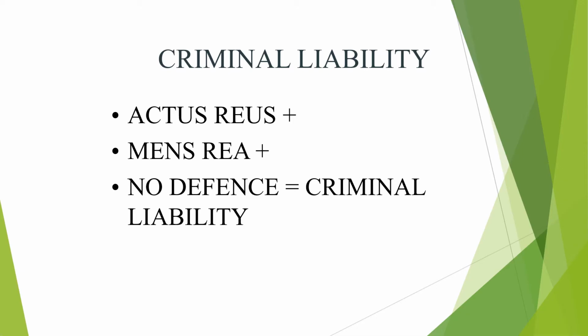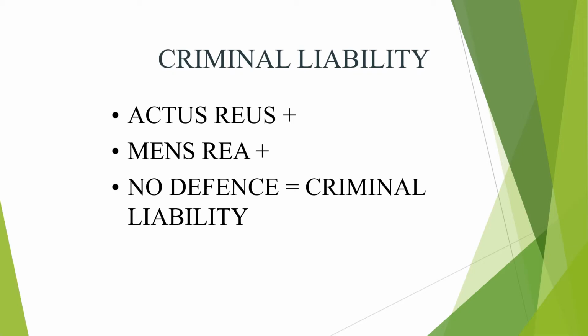So, in order to found criminal liability for any offence at all, and so for murder as well, we need to find three things. We need to find that the accused has completed the actus reus, and this is the actual physical act. So for murder, it's an unlawful killing.